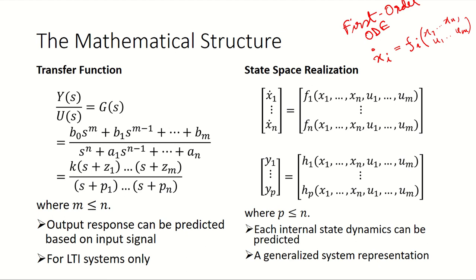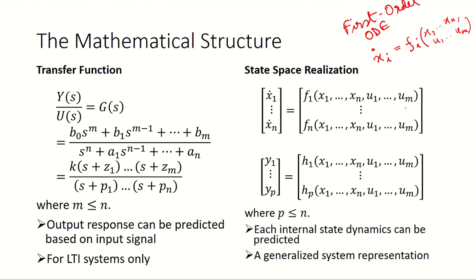It is possible. So we keep the provision in the general representation. In some specific state space forms, we will find that x1 dot does not depend on all the states and does not depend on all the inputs.